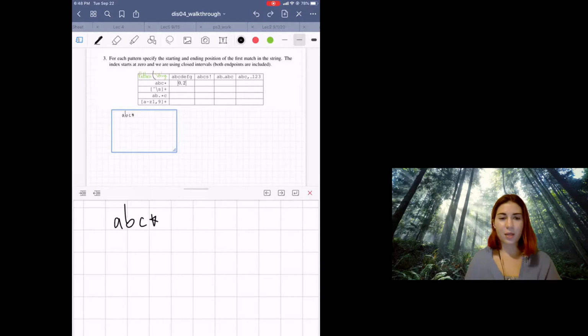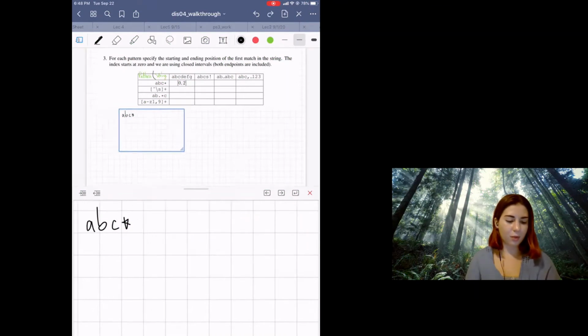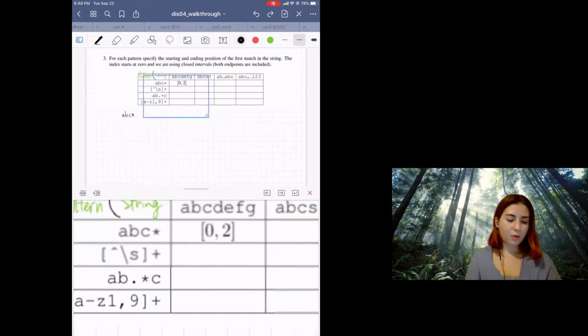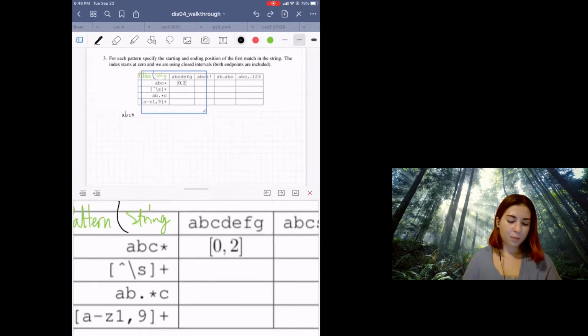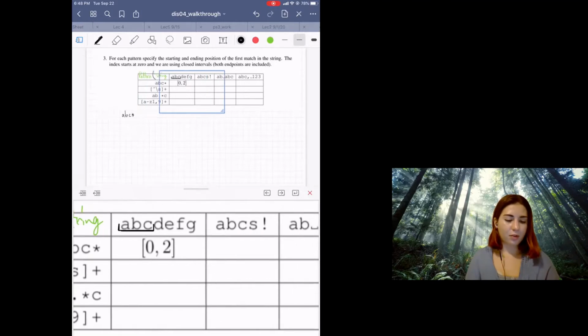So we might have AB or ABC a few times, and that is what the pattern will be able to match. So we take a look here in our first string, and the beginning and end positions are 0 through 2, because we can match A, B, and C once, and the star allows for that once.